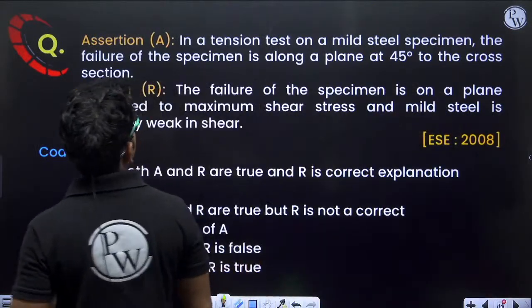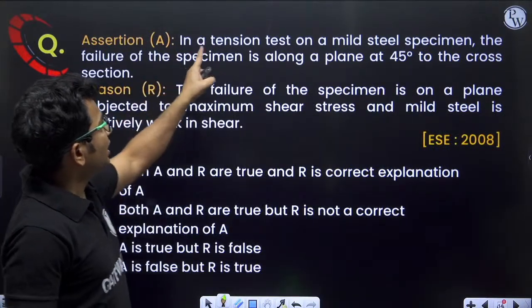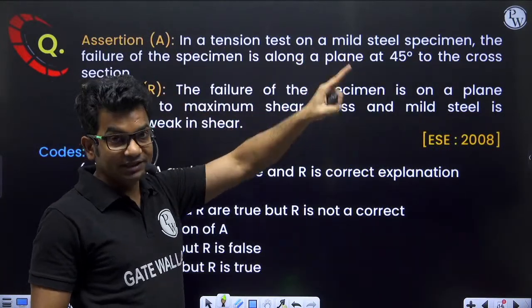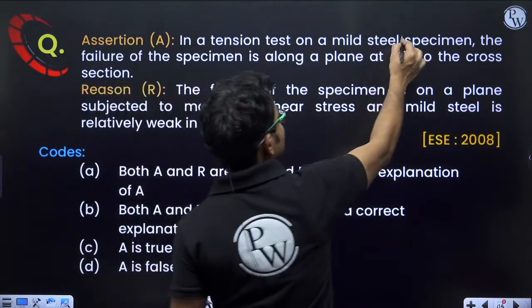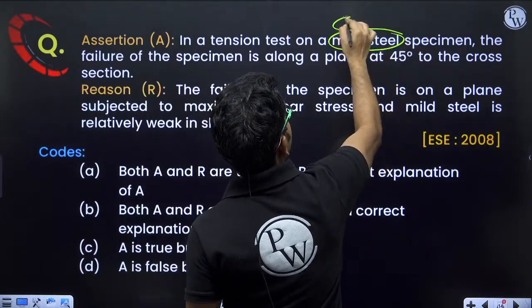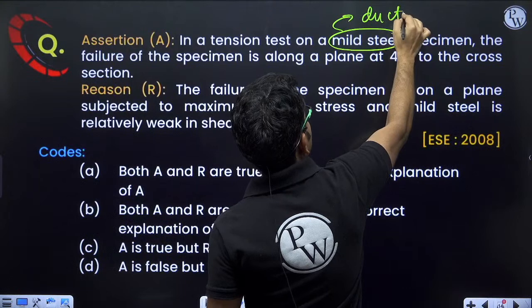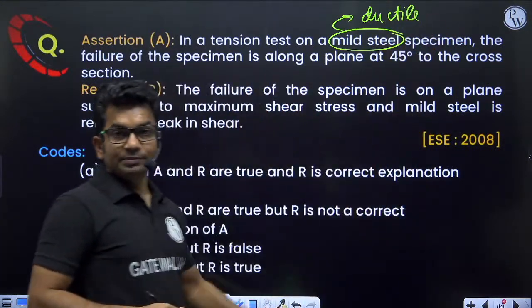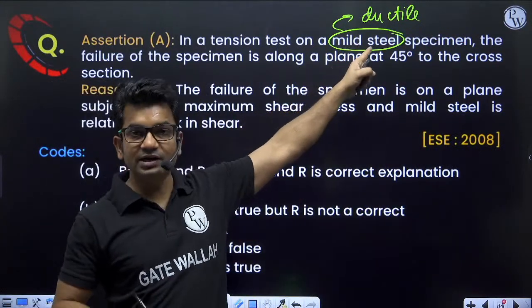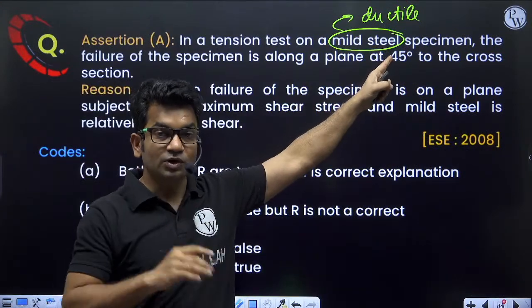Again, an assertion and reason question. In a tension test on a mild steel specimen, the failure of the specimen is along a plane at 45 degrees to the cross section. Mild steel is a ductile material, and ductile material is weakest in shear, so it will fail in shear.